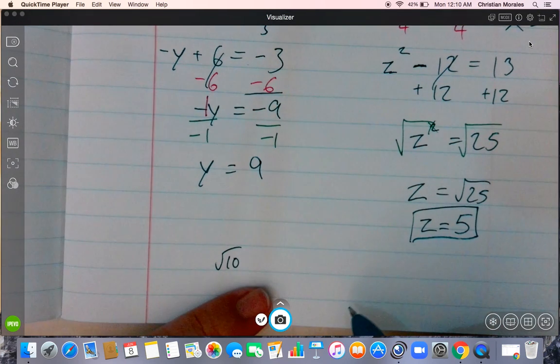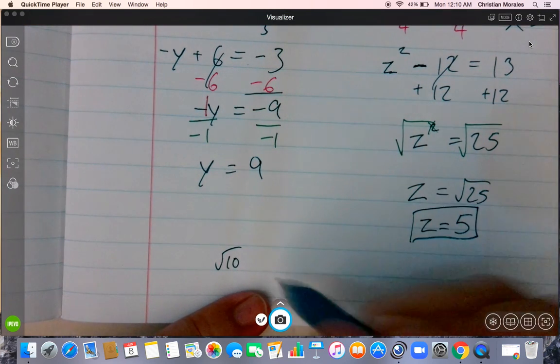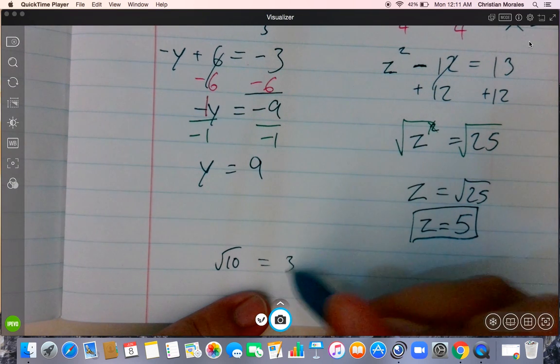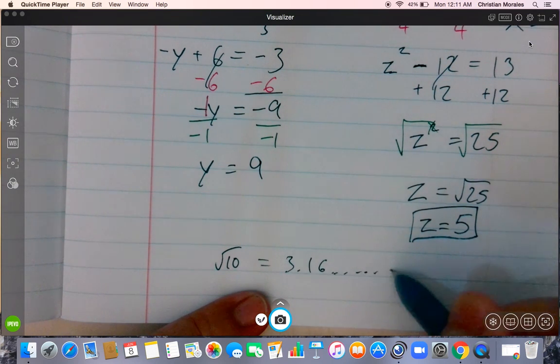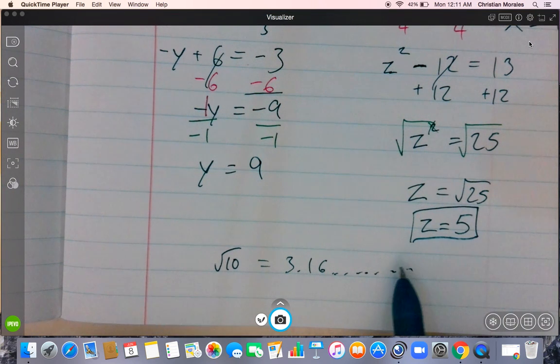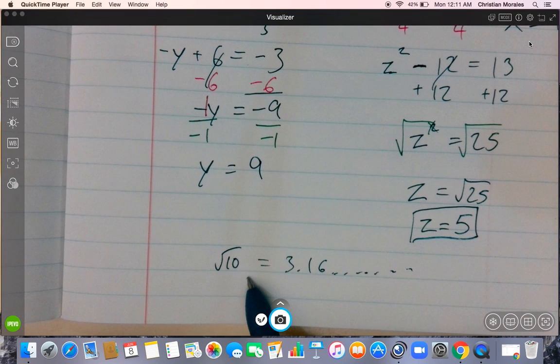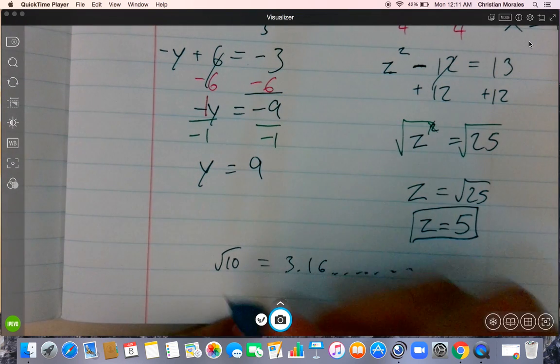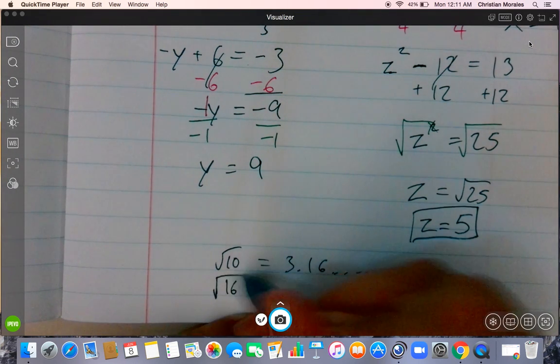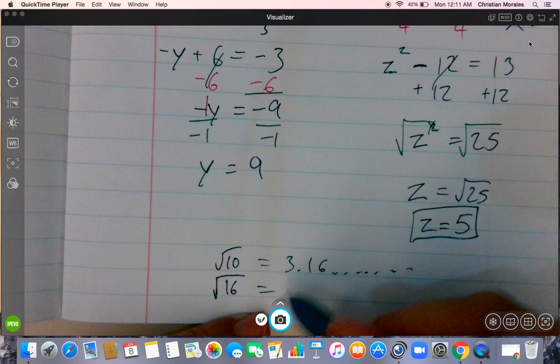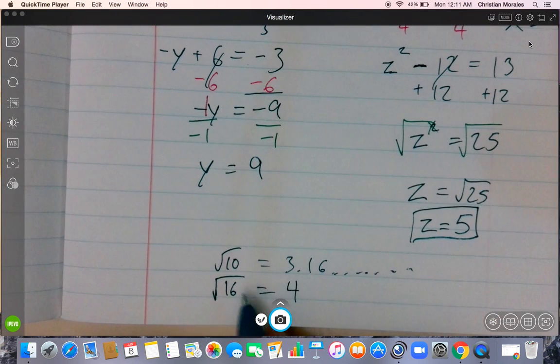This is an irrational number. If you use this in your calculator, you're going to see a decimal, something like 3.16 dot dot dot. It goes on forever. That is an irrational number. Okay, you don't write that as your answer. You can leave it as the square root of 10. But a number like 16, you can take the square root of 16. That's just 4. That is a rational number.